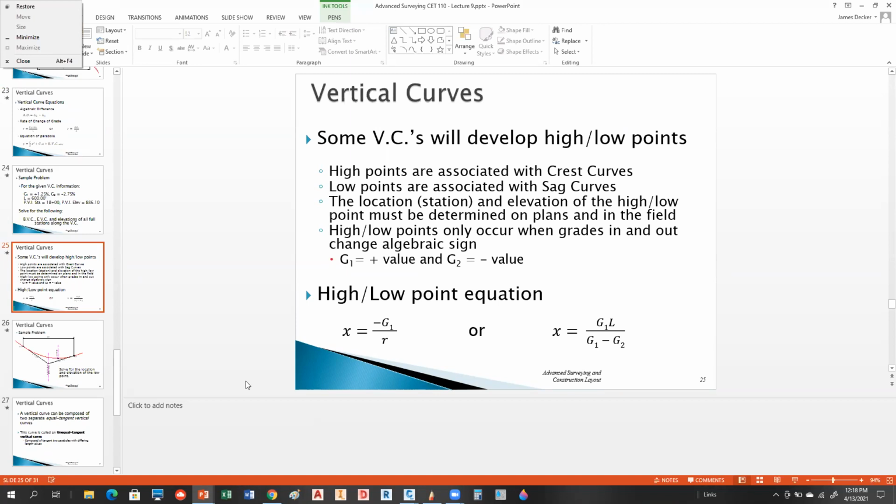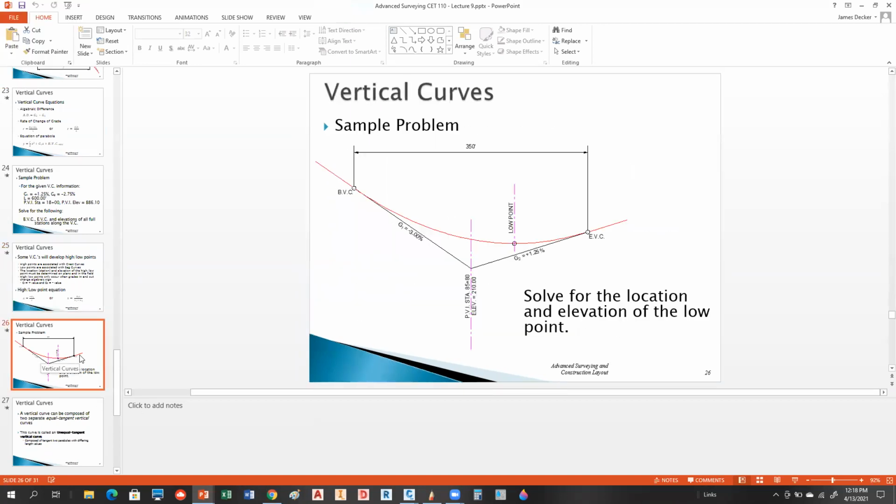Okay, so let's look at this problem here. I'm going to write this down. We're going to go over to my little whiteboard here, but I have a -3 grade coming in and a positive 1.25 grade going out. So that would be G1 and G2. We have a PVI station and a PVI elevation.